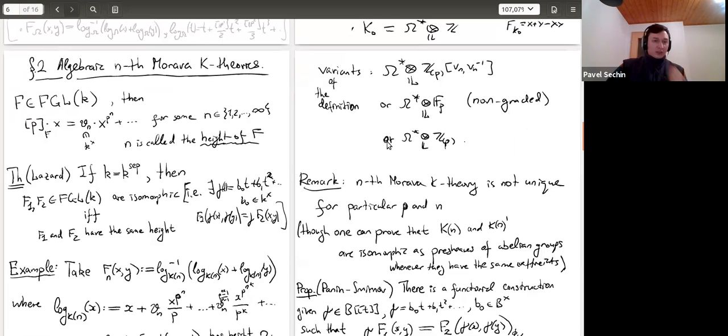Before I give you a definition of algebraic Morava K-theories, let me remind you of one more definition, one more fact about formal group laws. Oh, sorry, I should have erased at some point. So here k is a field of characteristic p, which is greater than 0.